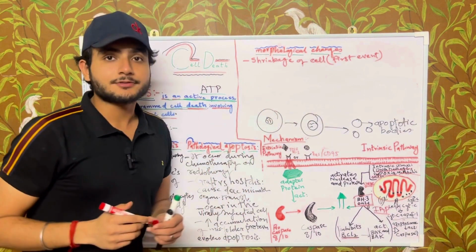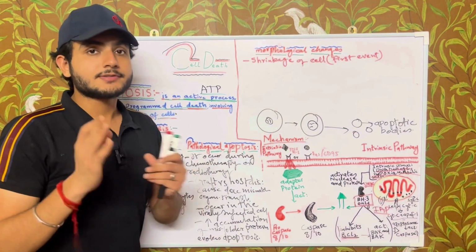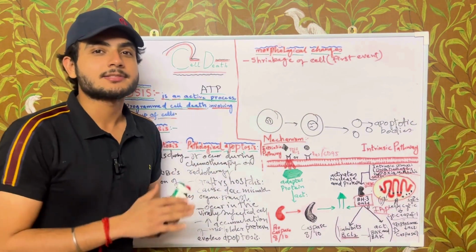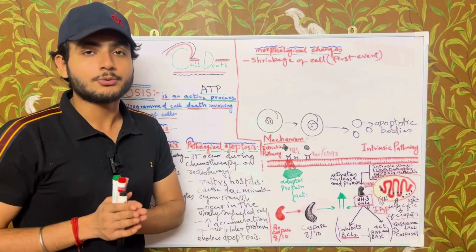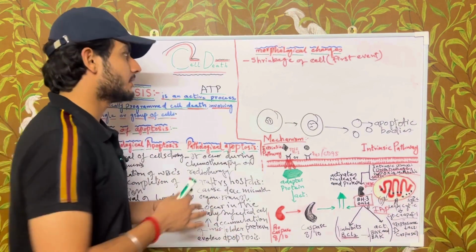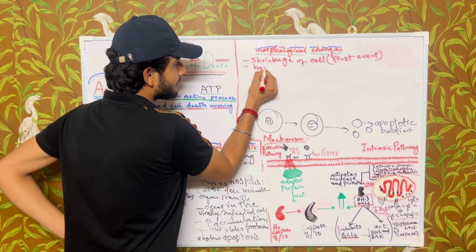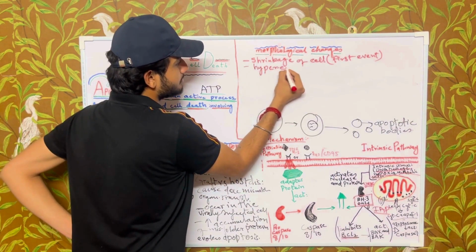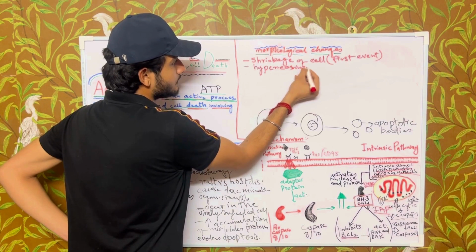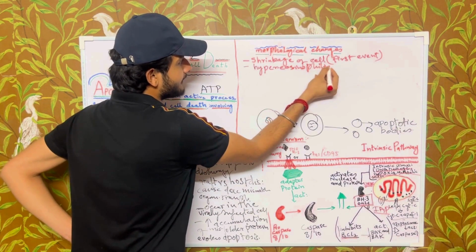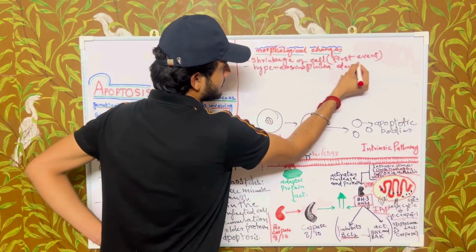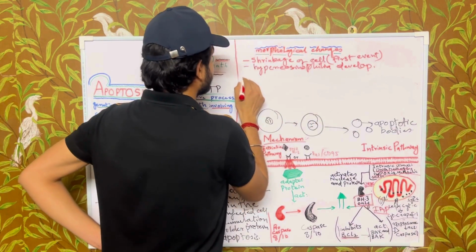Due to the shrinkage of the cell, the cytoplasm becomes more eosinophilic, or we can say more pink in color. So hypereosinophilia develops due to the shrinkage of the cell.